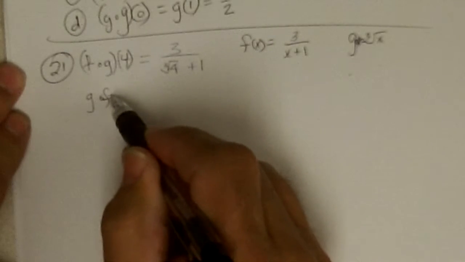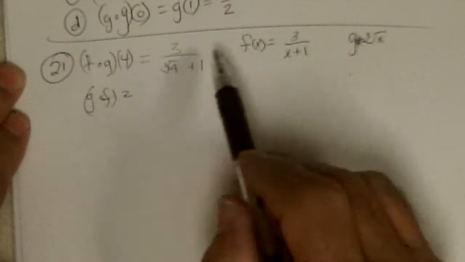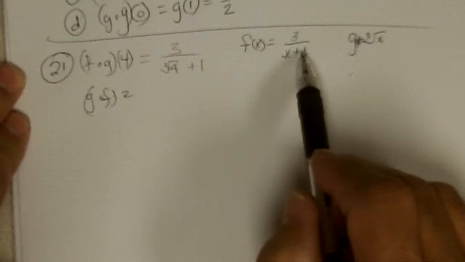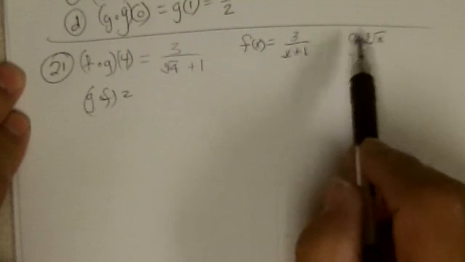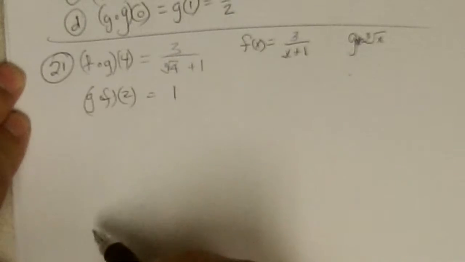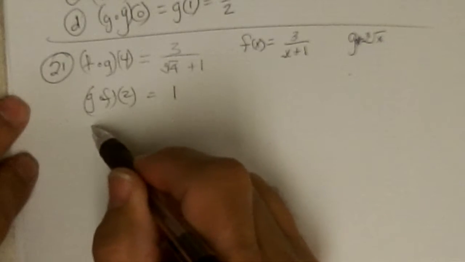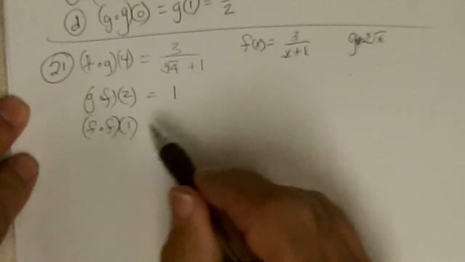And b would be g of f of 2. So you're going to put 2 into f, which is 2 plus 1 is 3. 3 divided by 3 is 1. And then put that into here, and the cube root of 1 is 1. And then we got to do f of 1.